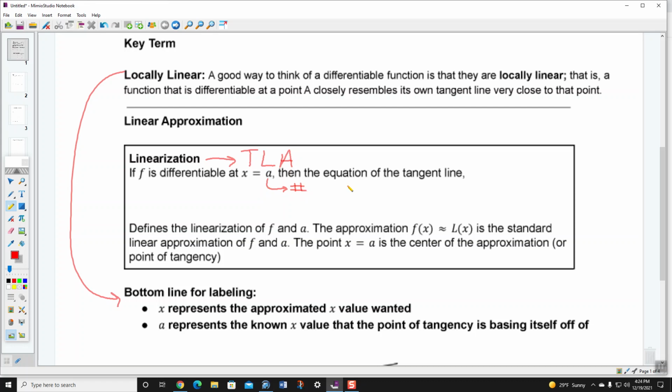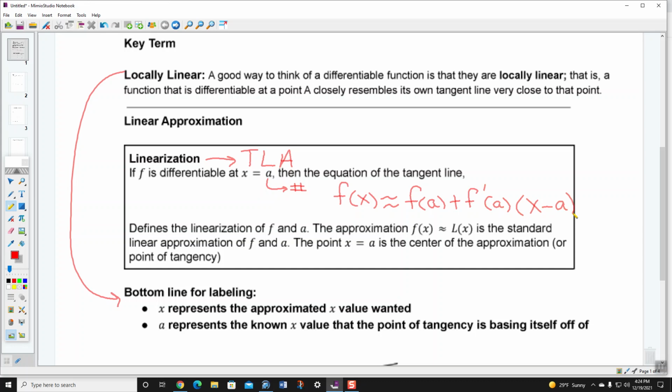The tangent line is defined as f of x, and that tangent line is approximately the following formula. It's given f of a, where a is some number, plus f prime of a, so derivatives are going to come into play again, times the quantity x minus a. Keep in mind, a is some number.